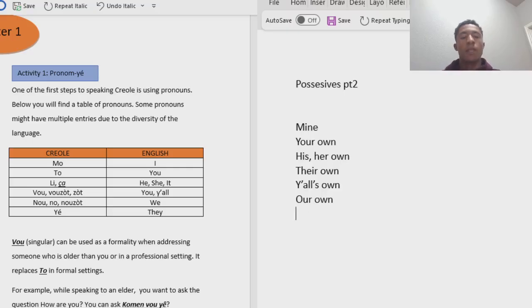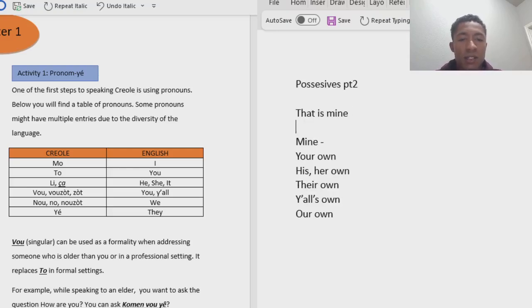All right. So for mine, your own, his or her own, their own, etc., this is when you actually use a different form. Like the sentence, that is mine.